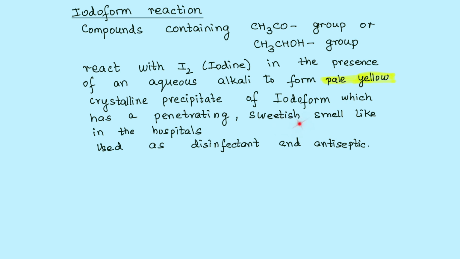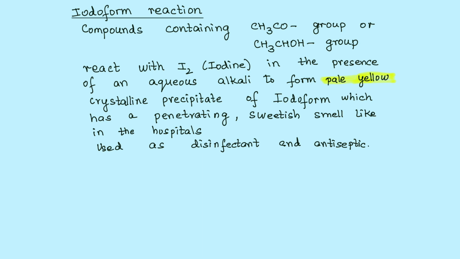It smells like the smell that you feel in hospitals and dispensaries. So that kind of smell is related with iodoform, and that is why it is used as a disinfectant and antiseptic. So it helps us to distinguish between different types of ketones, aldehydes and alcohols.